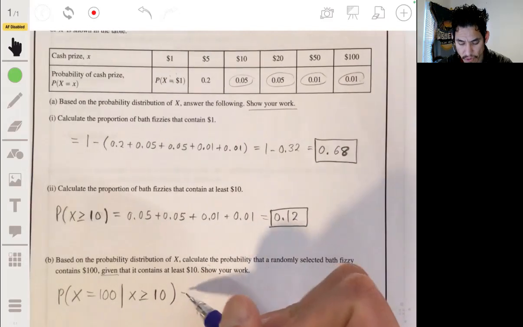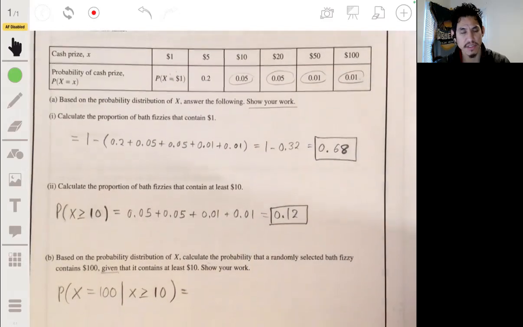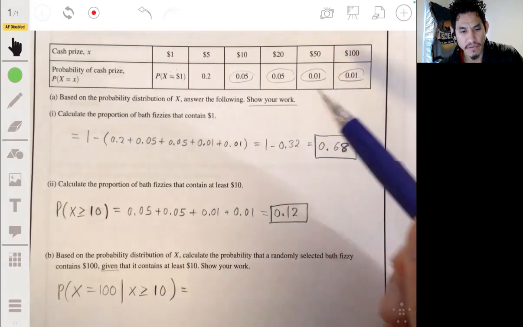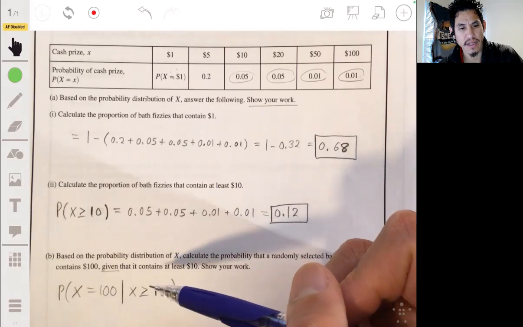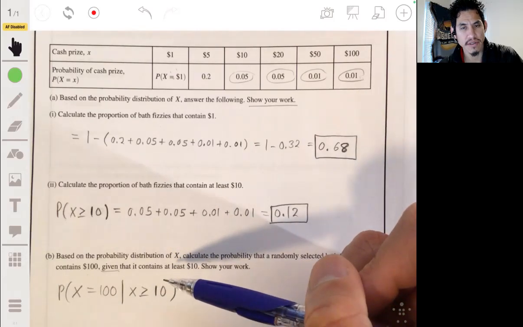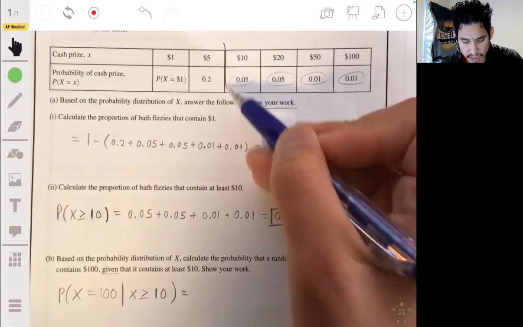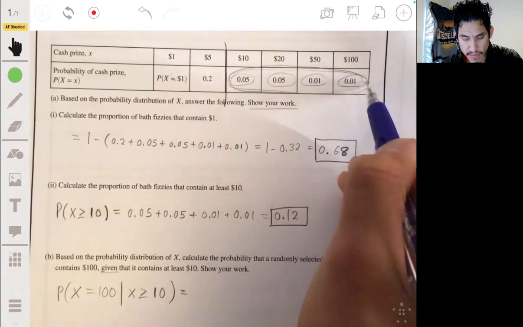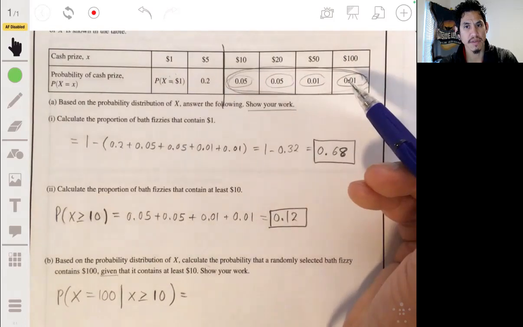The way I thought of this logically, we have a couple of formulas, but it really comes down to logic. If you're told that you have at least $10, you only care about these probabilities. Your sample space has been reduced to these 4 possibilities.